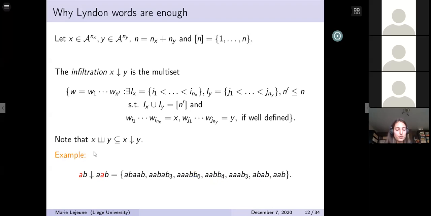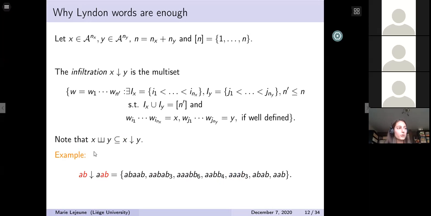I can also merge this A with this A, and then I need to shuffle A, which has to be before the common A, with BB, which has to be after the common A, and I obtain some words here. I can also merge B with B and shuffle A with AA.